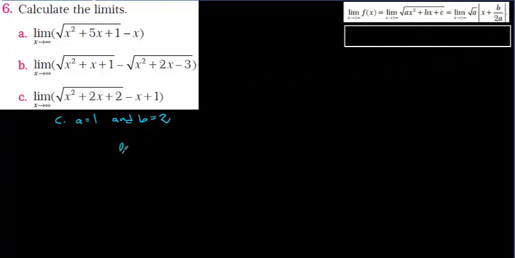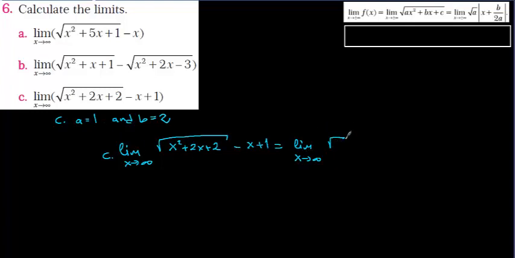Okay, then this is equal to limit x tends to infinity, square root of x squared plus 2x plus 2 minus x plus 1, is going to be equal to limit x tends to infinity, square root of a, the a value is equal to 1, times absolute value of x plus 2 over 2 times the a value here again 1 it's going to be, this is the b value, and minus x plus 1 is going to be.